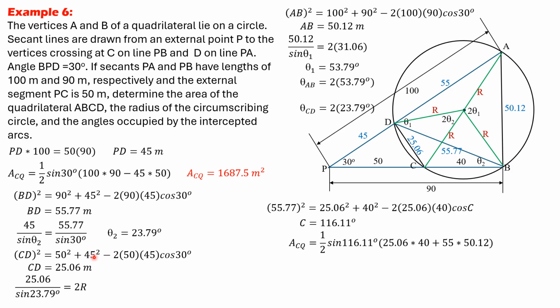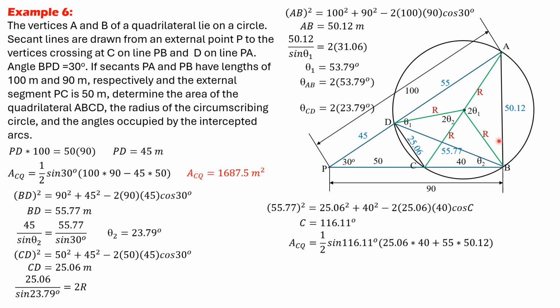So by sine law, in this triangle PDB, 45 is to sine theta 2 equals 55.77 is to sine 30. So theta 2 is 23.79 degrees.